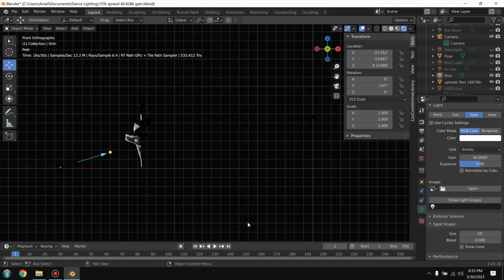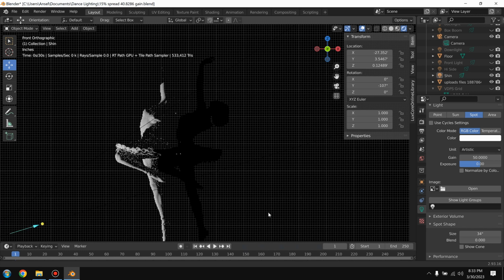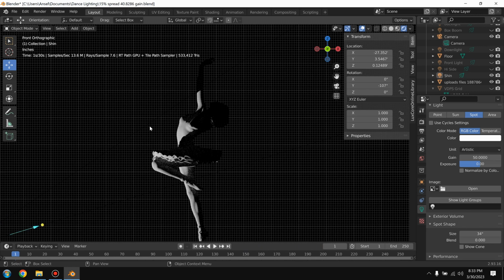Shin light, while good, and probably the most important side light system for contemporary dance, does have a couple of drawbacks. First of all, if your dancer gets far enough off stage, then the light isn't actually making its way all the way up the dancer anymore. And in the case of ballet, a tutu can cast an undesirable shadow on the dancer's body if shin light is the only light system you use.